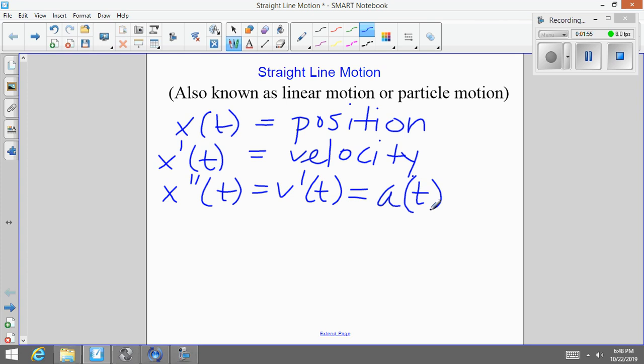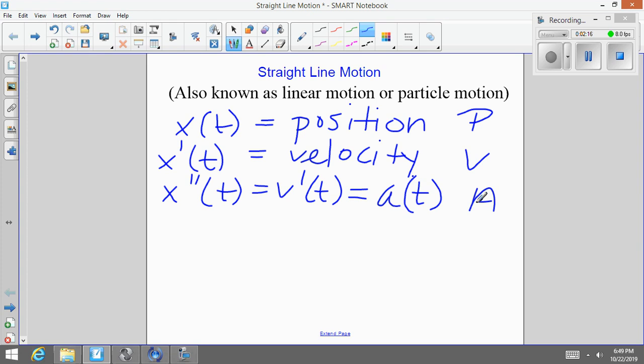Okay, an easy way to remember this, I always like to call it PVA. Position, velocity, acceleration. And they're just basically higher order derivatives. Okay? The derivative of position is velocity, the derivative of velocity is acceleration, or also acceleration is the second derivative of position.